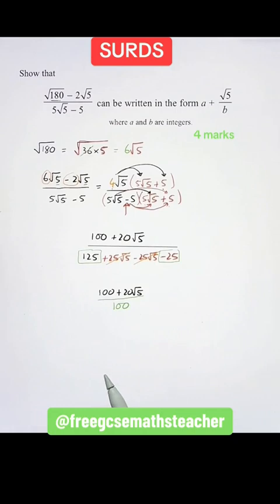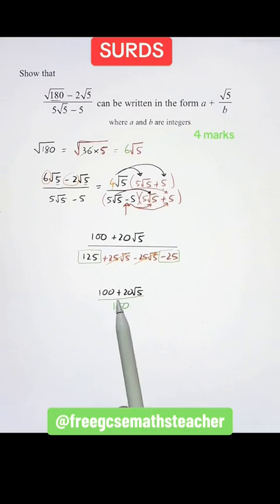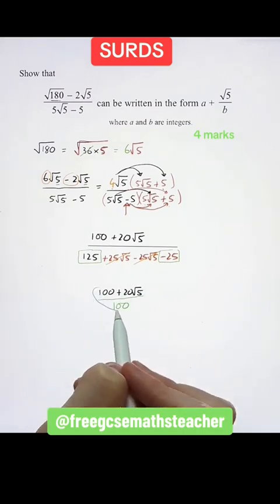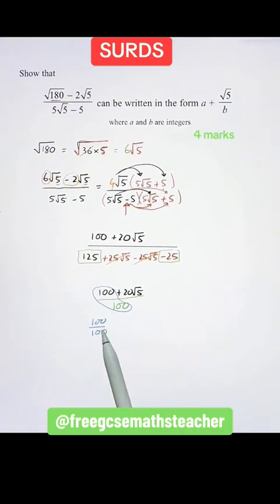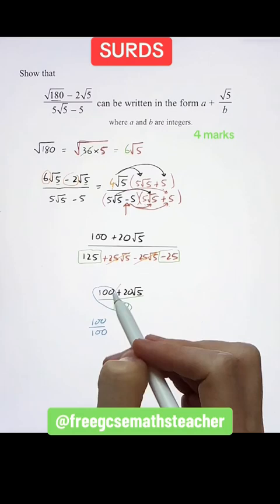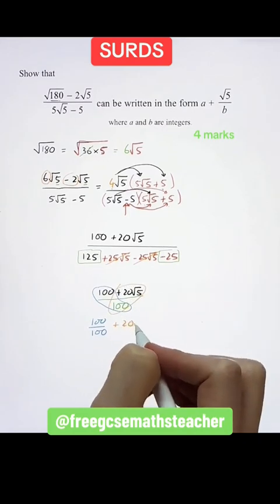I've now rationalised as I've got no root on the bottom of the fraction. But in this case, we're asked to give our answer in the form a plus root 5 over b. As I have a single term on the bottom, I can separate this as being 100 over 100 plus 20 root 5 over 100. We can only do that as we have a single term on the bottom.